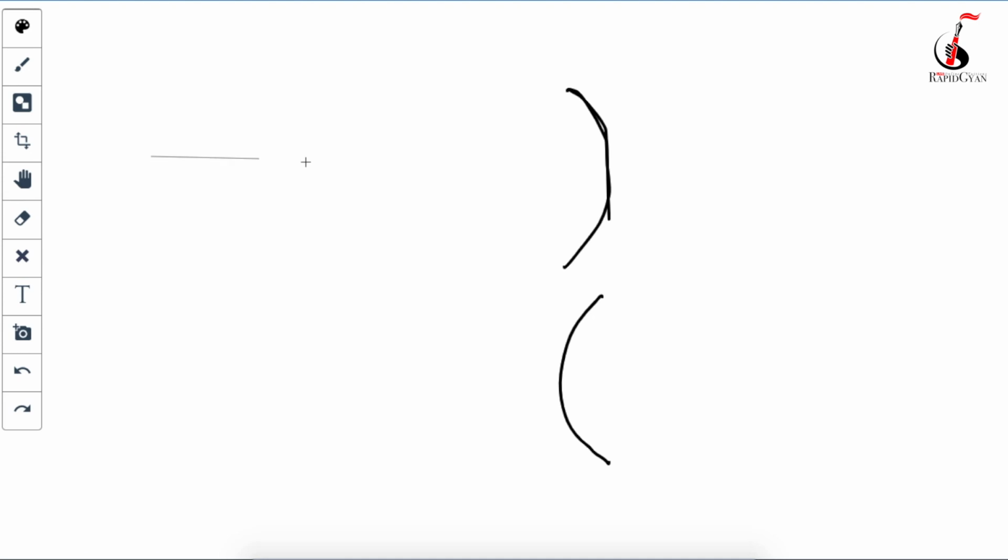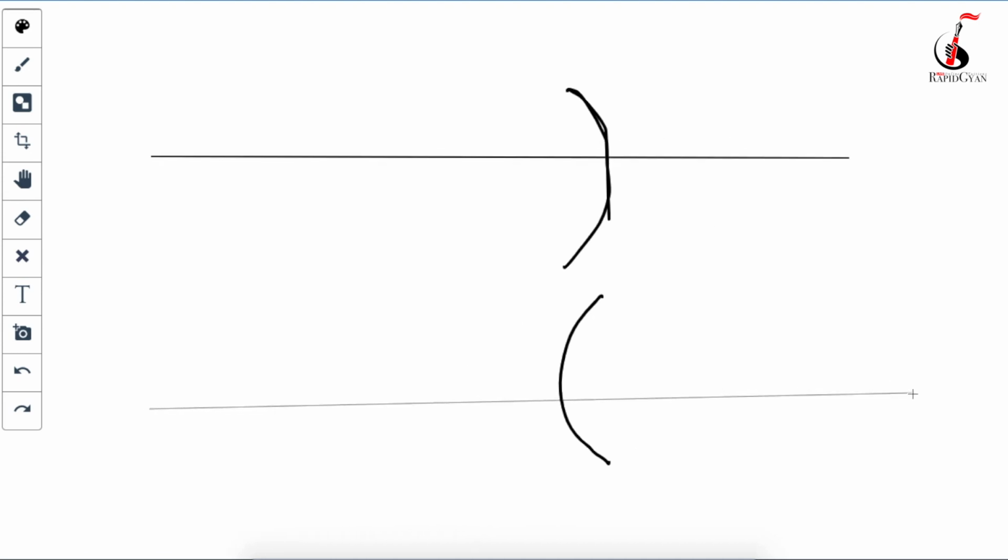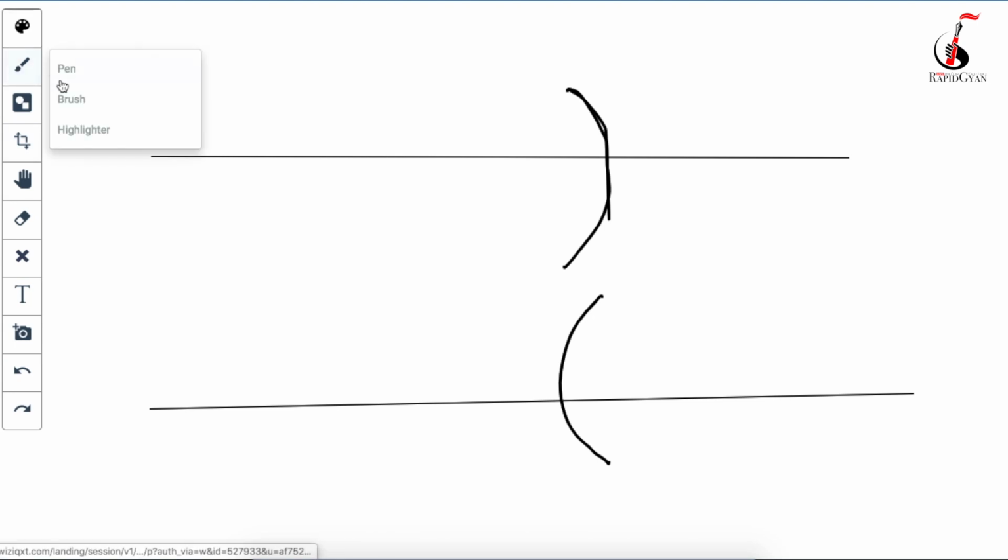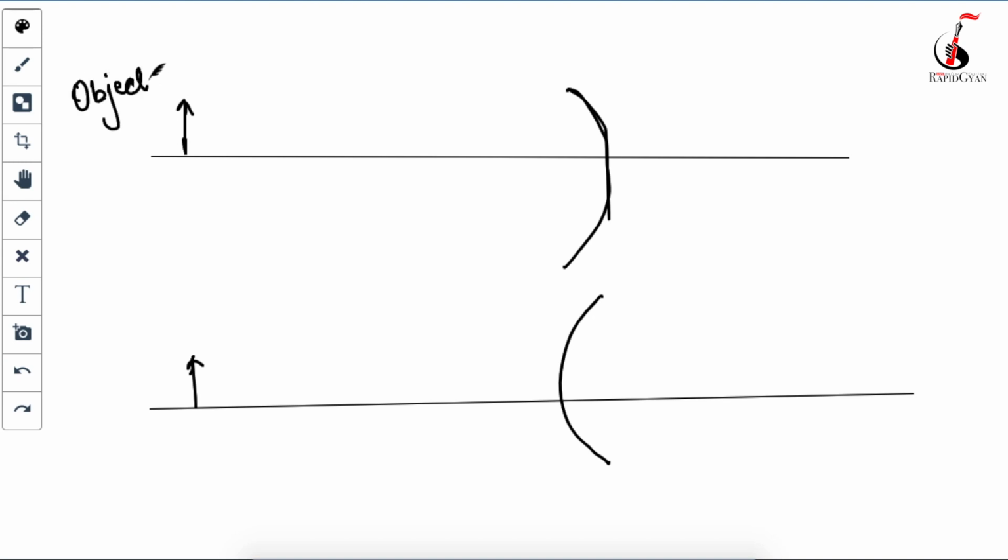And in both the cases this is going to be the principal axis. What is common in both the cases? That your image will always be on the left hand side of the mirror. Sorry, object, not image, my bad. Your object will always be on the left hand side of the mirror.